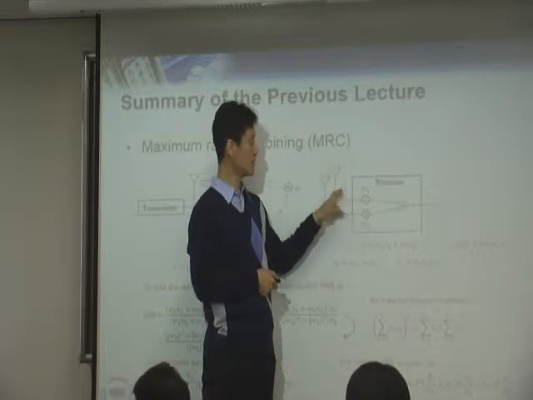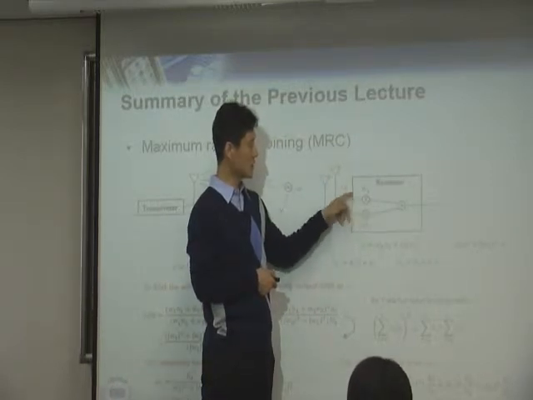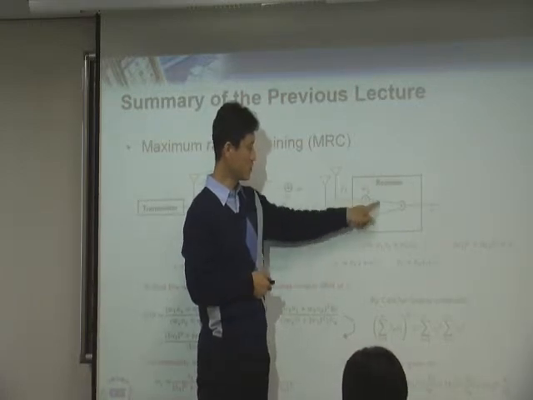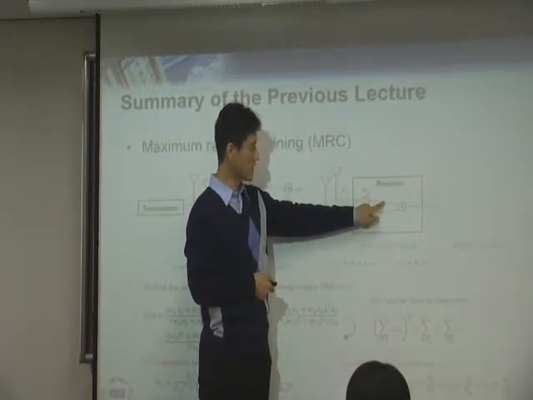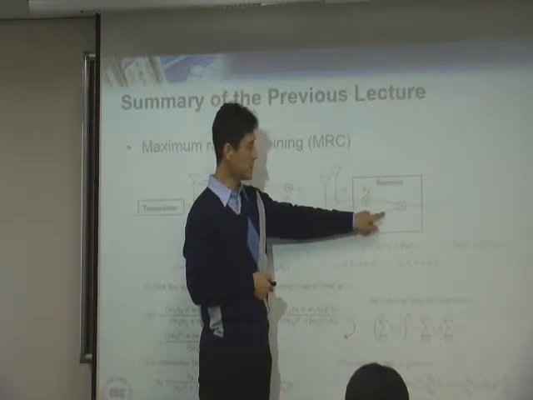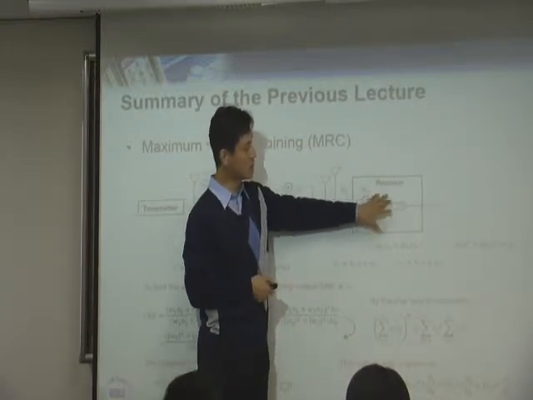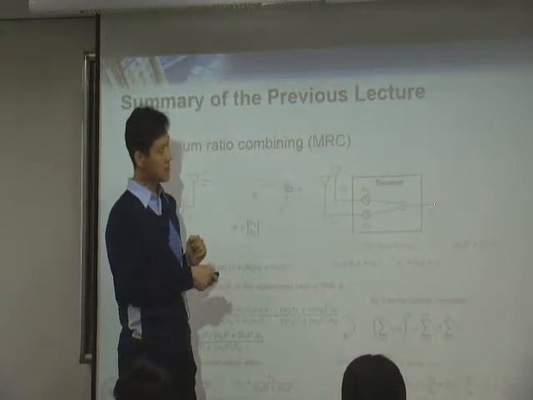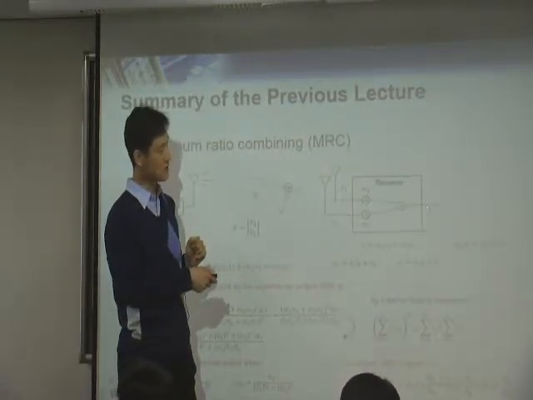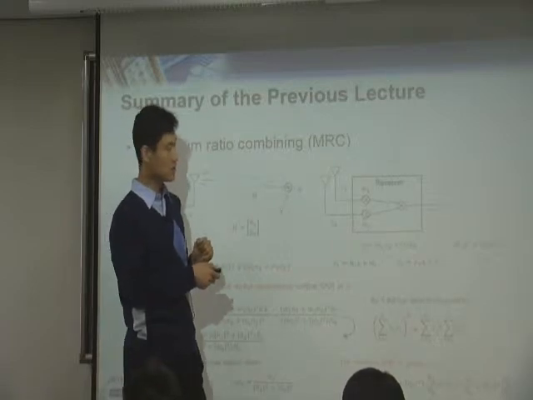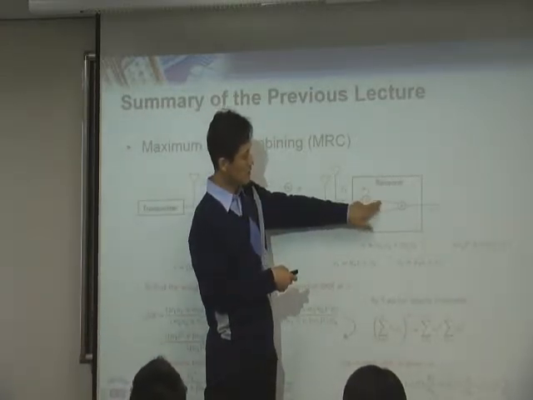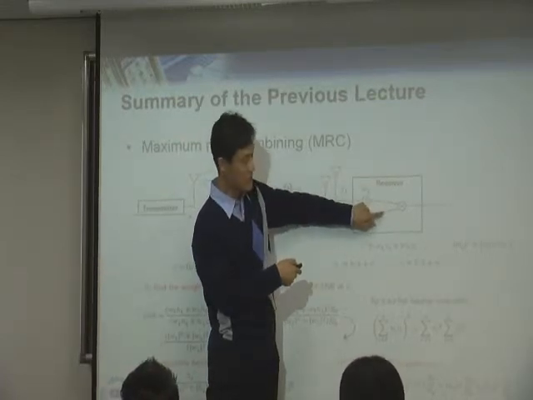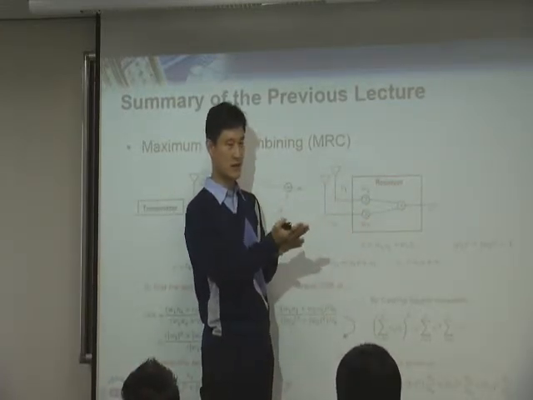So when you multiply W1 here, the result is again complex. When you add these two complex values, how can you maximize the power, or SNR? In order to do that, this value and this value have to be aligned.